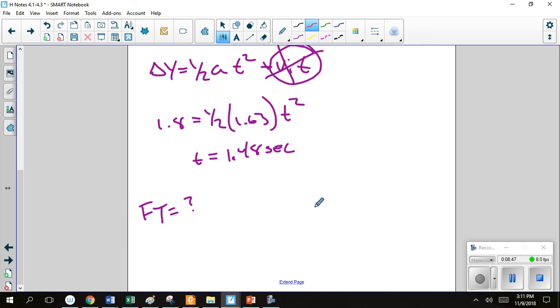So this mass that we have going down is 3.5. And we need to multiply that by our net acceleration, which was 1.63. That'll give us our net force, which equals our force of tension plus whatever our force of gravity was, which is 294.